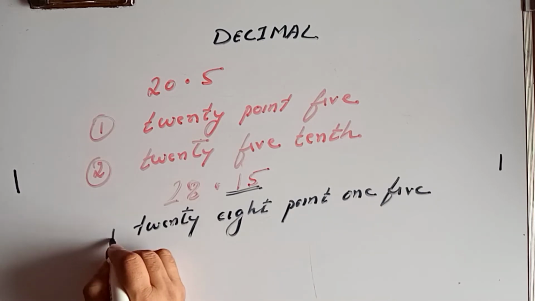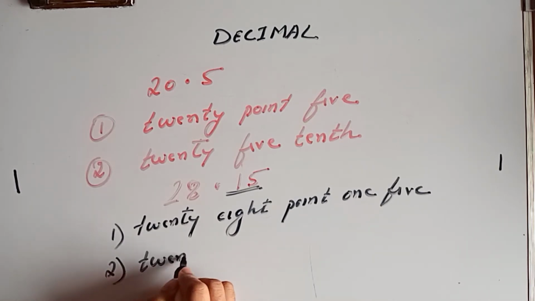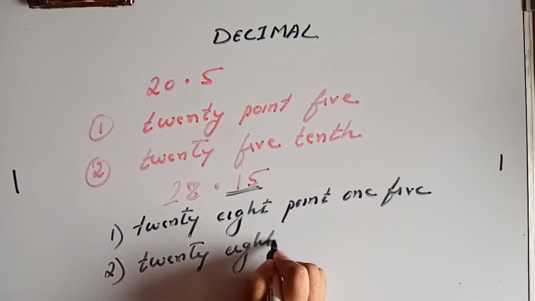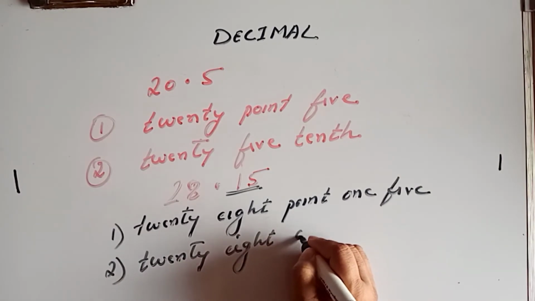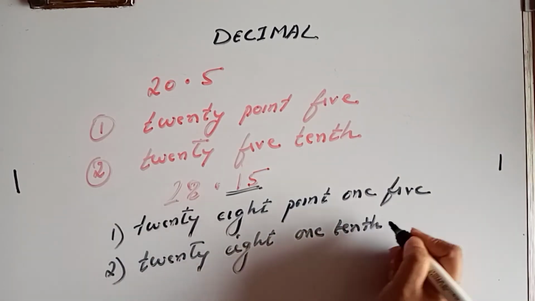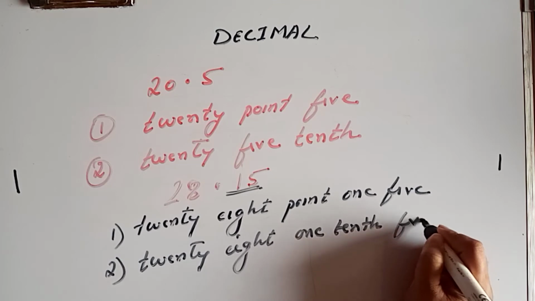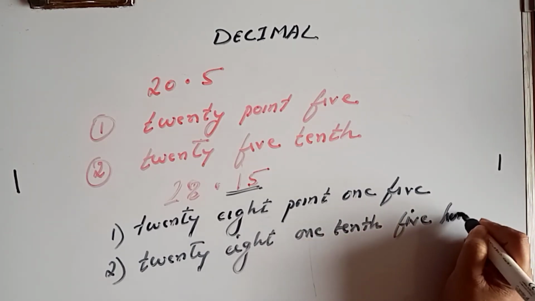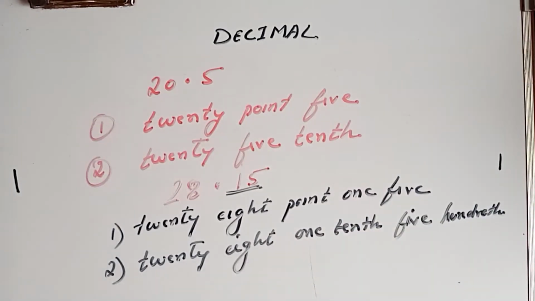Or else you can write it in the second way. It is 28 1/10 500. This is the two ways to write the decimal number in words.